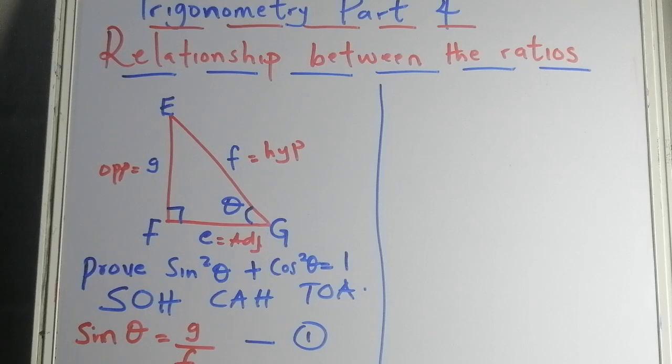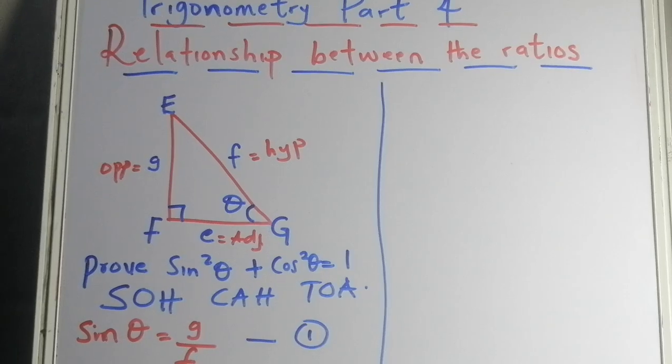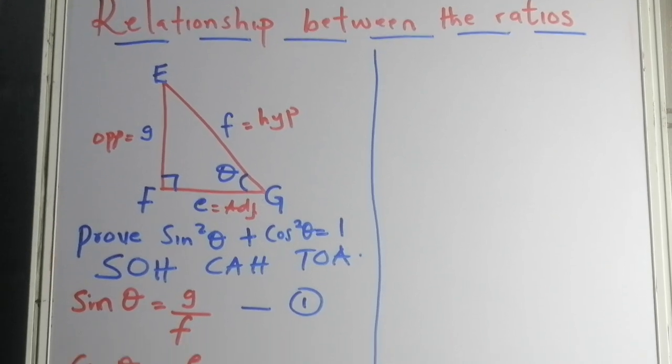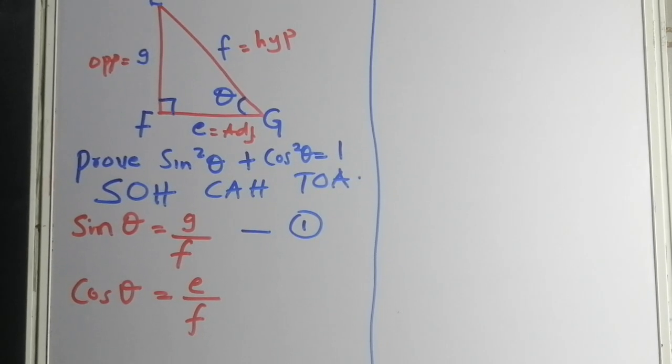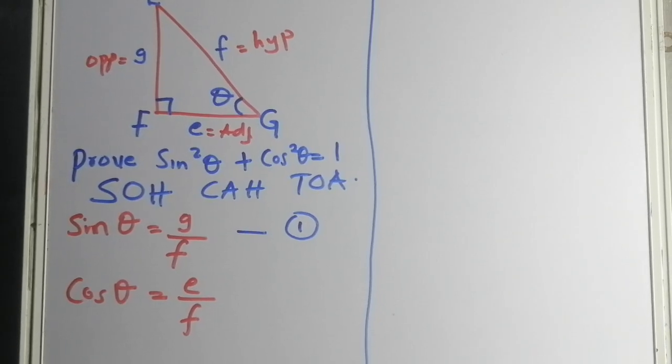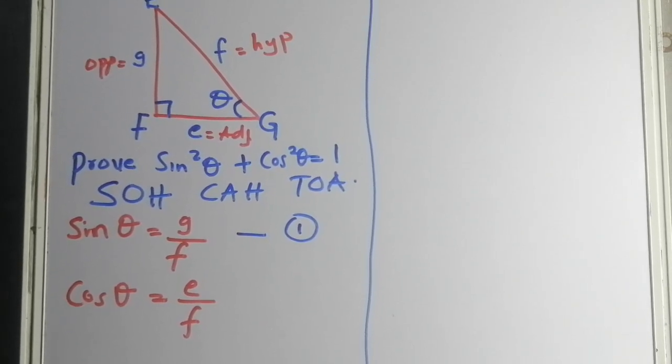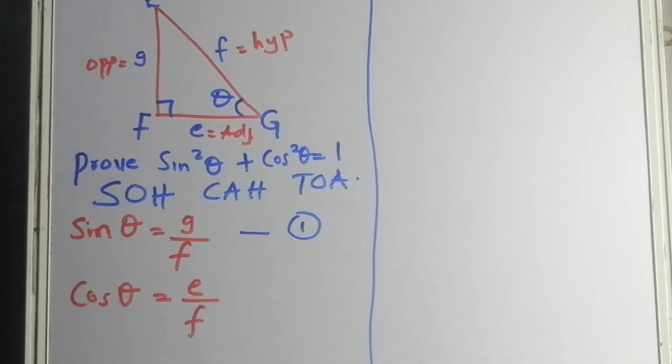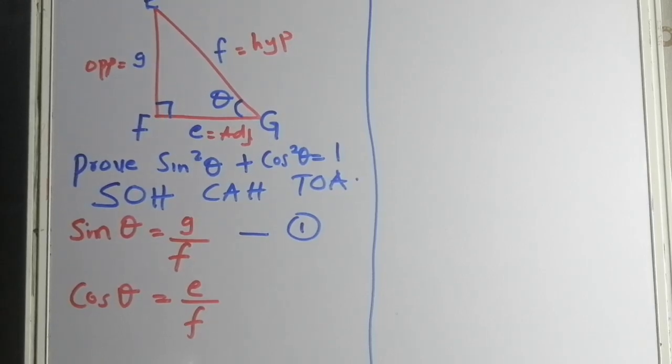Small letter F. So cos theta will be E over F. Cos theta is E over F. That will be our equation 2.